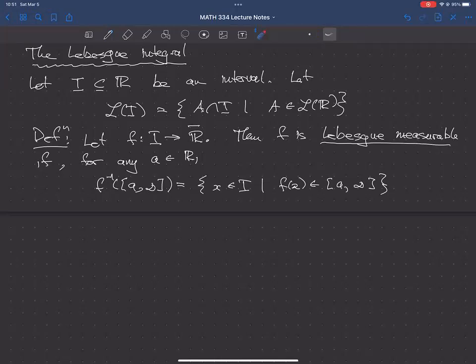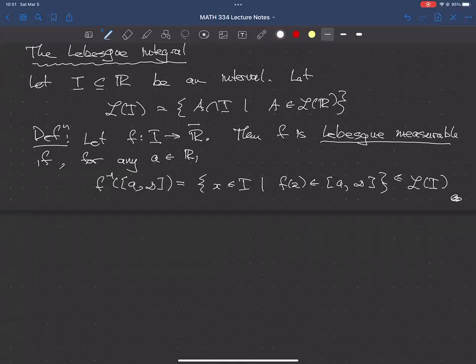It's just the set of points in I that map into here. The definition is that this set is Lebesgue measurable on I. That's the definition of a function to be Lebesgue measurable.